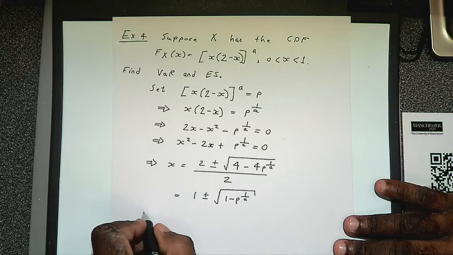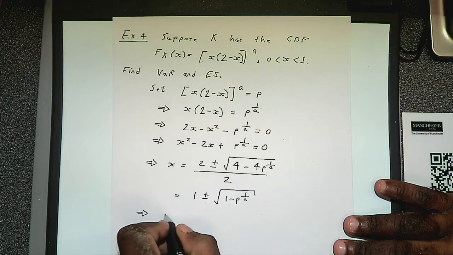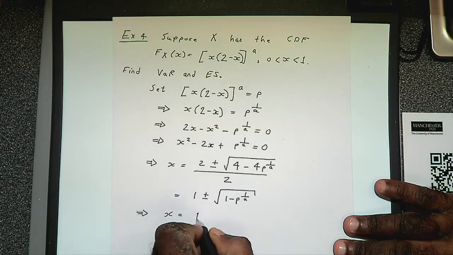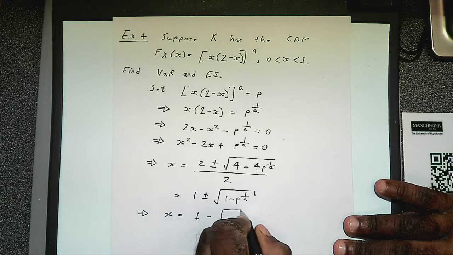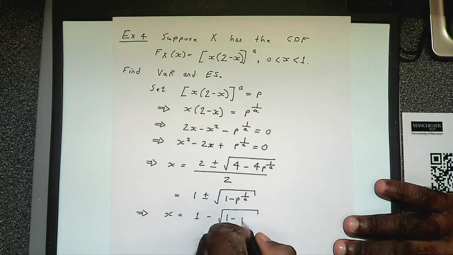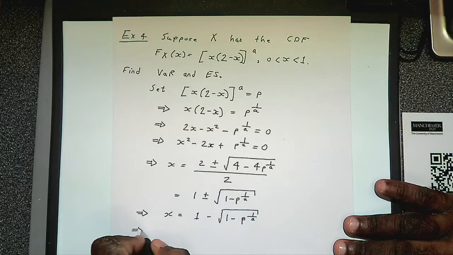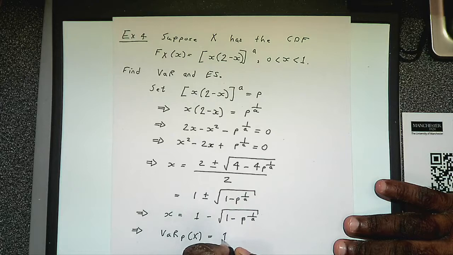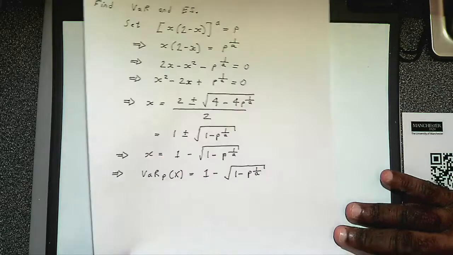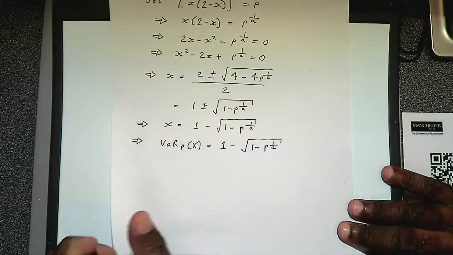So what you have is that x is equal to 1 minus this, so the value at risk. Okay, so that gives the formula for VaR.